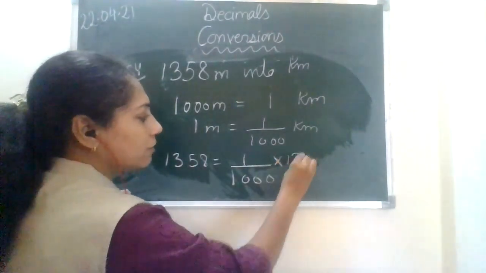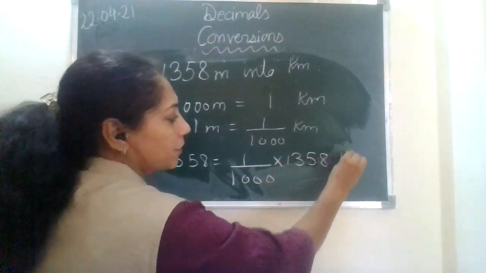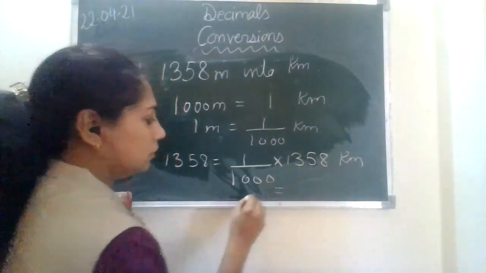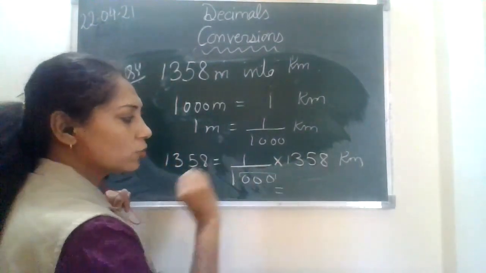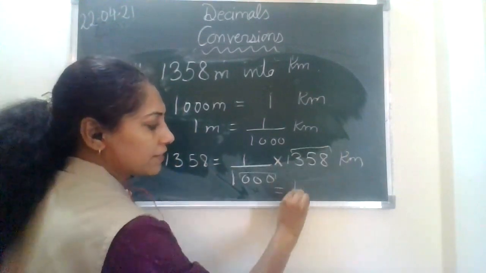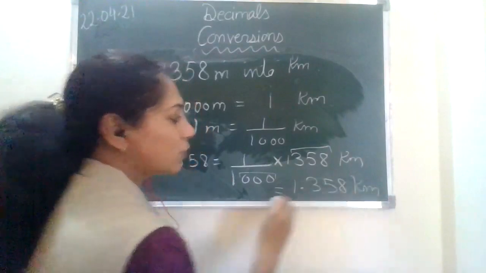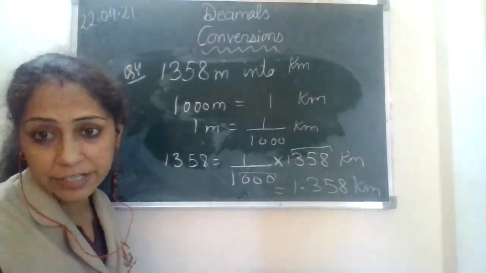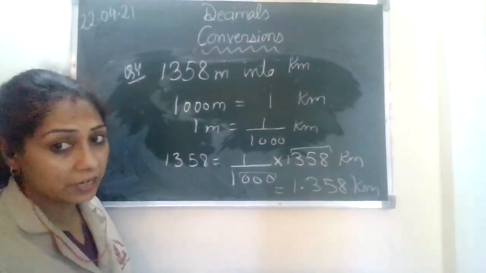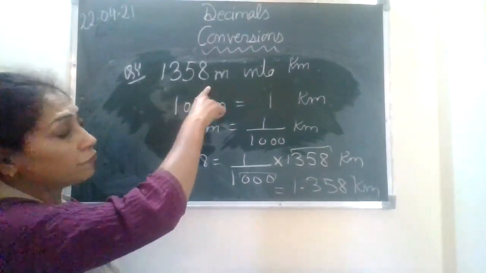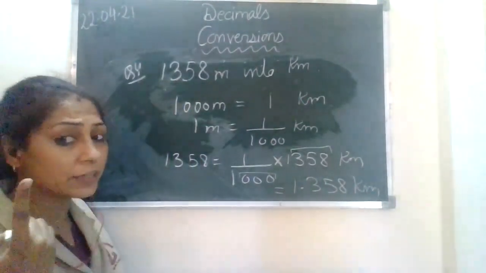So 1358 kilometers. Now these 3 zeros, so we will place the decimal as 1.358 kilometers. And as you can see, 1358 meters was there, and 1000 meters means 1 kilometer.